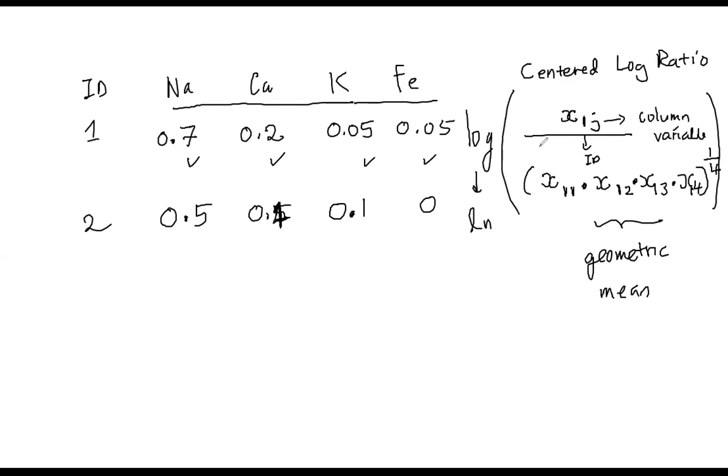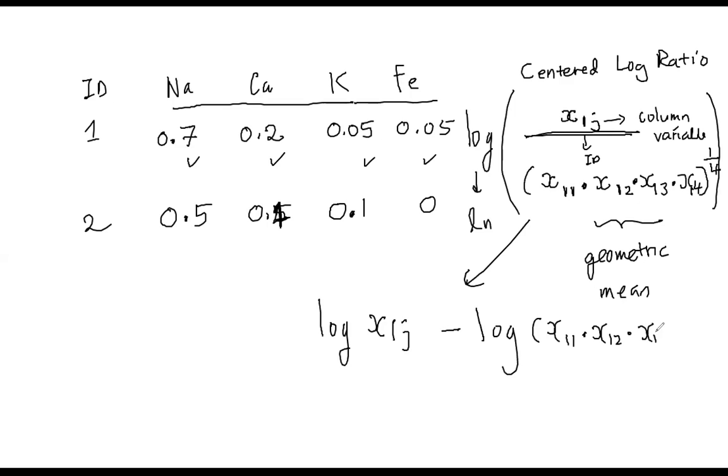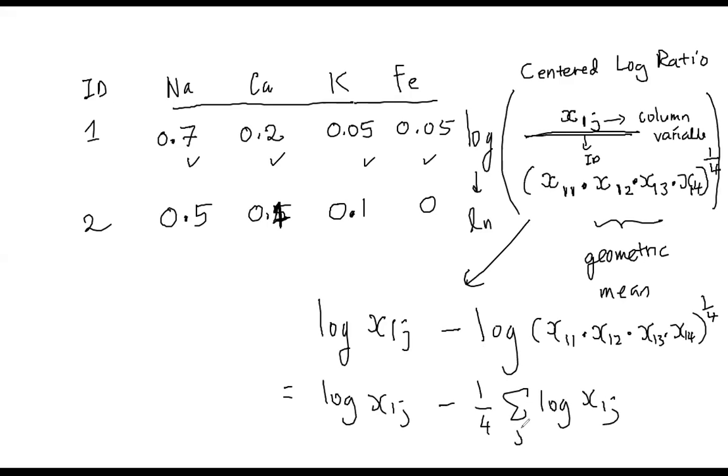Here you can do some basic math. This is just the log of that particular value, subtracting, since this is a ratio, the log of this product. As a result, this is equal to this: 1/4 sum of log x_ij, where j is from 1 to 4.